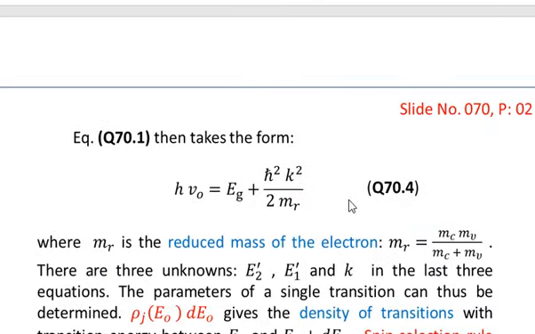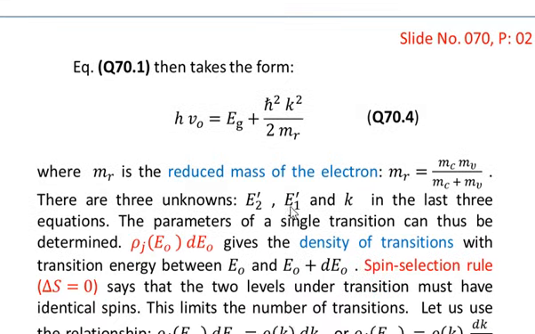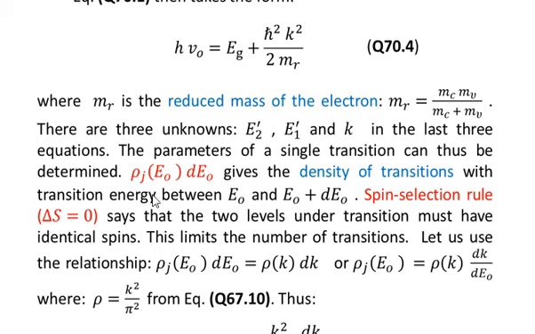So the equation becomes h nu naught is equal to Eg plus h bar square k square over 2 mr. Here you notice that we have taken some terms common and rearranged the terms and introduced mr, where mr is the reduced mass of the electron, and mr is equal to mc into mv divided by mc plus mv. There are three unknowns, E2 prime, E1 prime and k, in the last three equations.